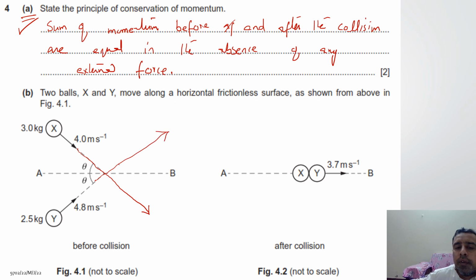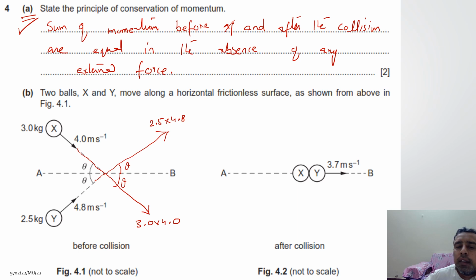So we have these angles which are similar, theta, and this is momentum 2.5 into 4.8, and here the momentum is 3 into 4.